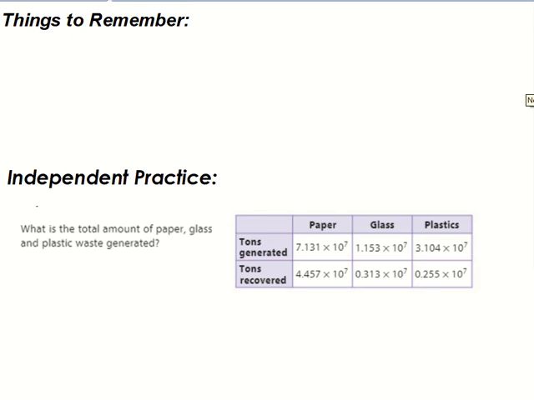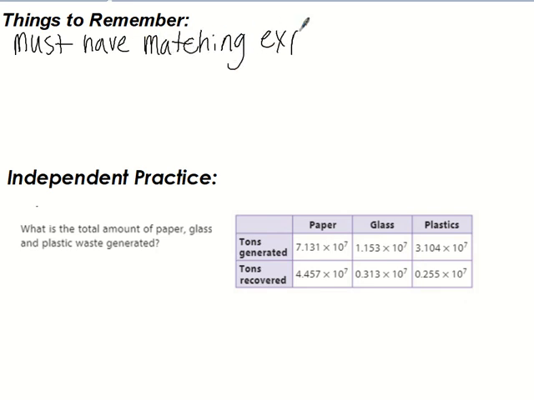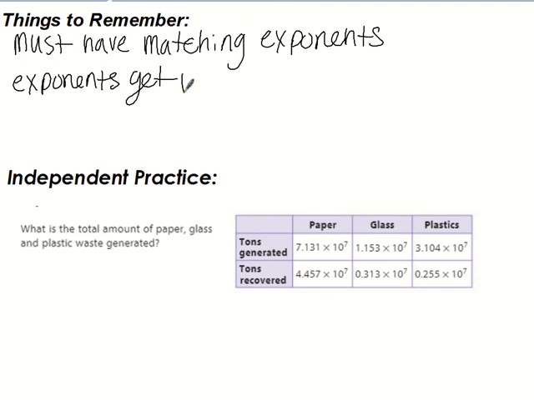All right, so things to remember. Must have matching exponents. Exponents get bigger, move to the left.